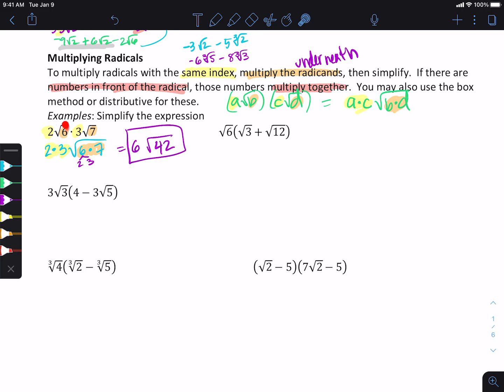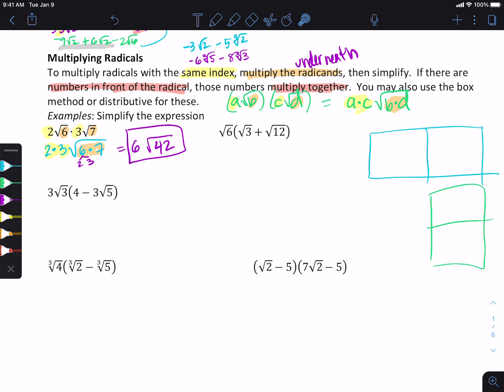Now, this was a monomial, or one term, by a monomial, which is one term. Here we've got one term by two terms, so a monomial by a binomial. So we could set this up in boxes. Right? So I could have one row by two columns, or you could set it up so that you've got two rows in one column.